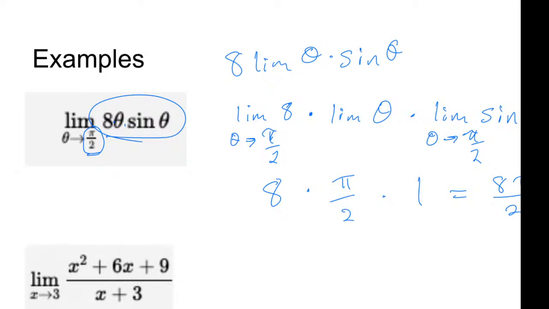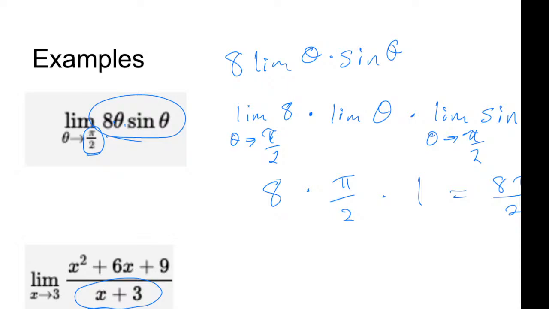Okay. Here's another one. And we've got a rational function. So what's the one thing we have to worry about? I don't know if worry is the right word, but the denominator, we have to make sure of our domain, right? -3 is not in the domain. But notice we're not going towards -3, we're going towards +3. So we're fine here.